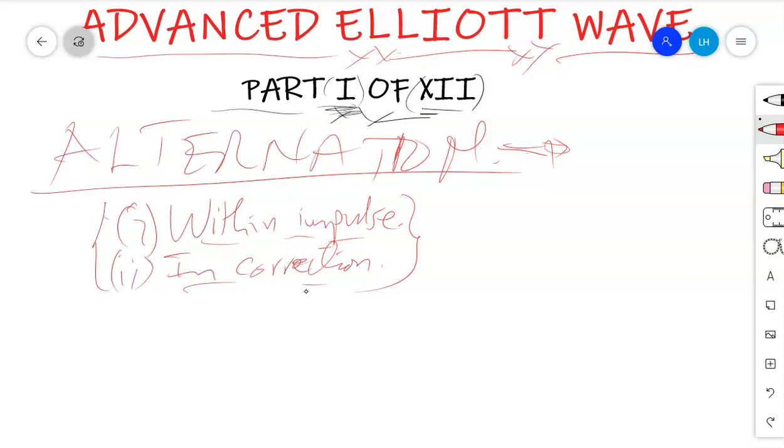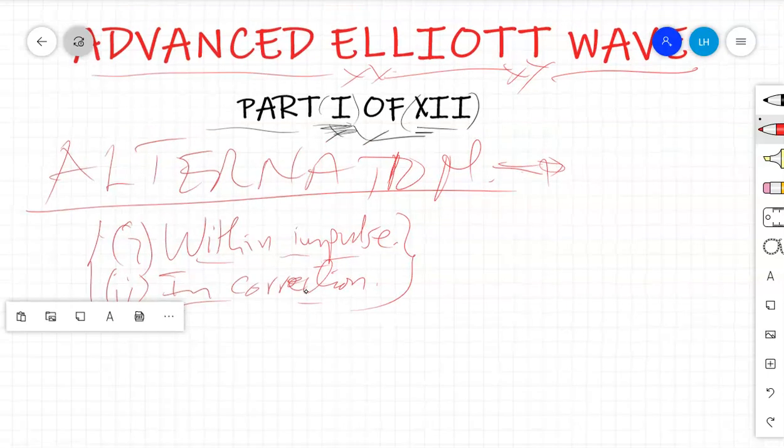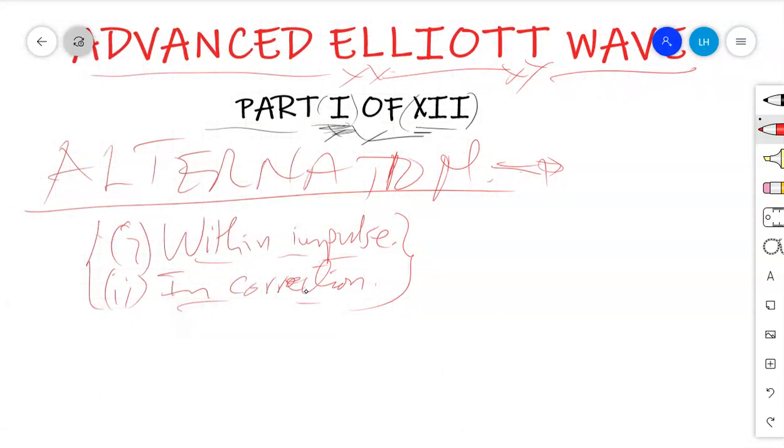So now, we have alternation within an impulse, then we have alternation within a correction. Now, I'm giving you the map of what we are going to discuss. Within an impulse, you will find that alternation can start with having a sharp movement or sharp structure, or sometimes we can have a sideways movement.